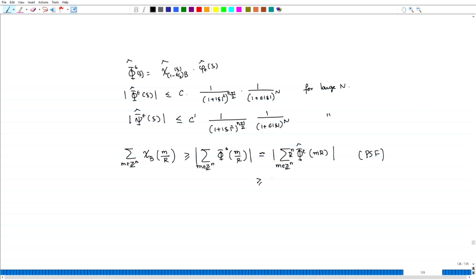So, this is r to the power n times the modulus of phi epsilon hat at 0, minus the summation over m in Z^n minus 0 of r to the power n times the modulus of phi epsilon hat at m r.